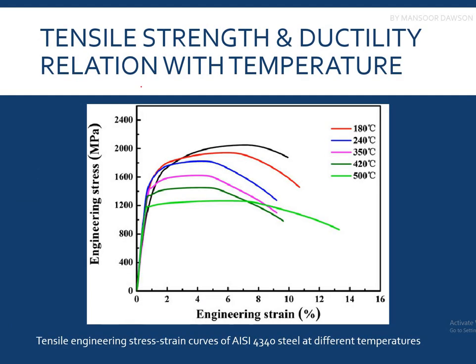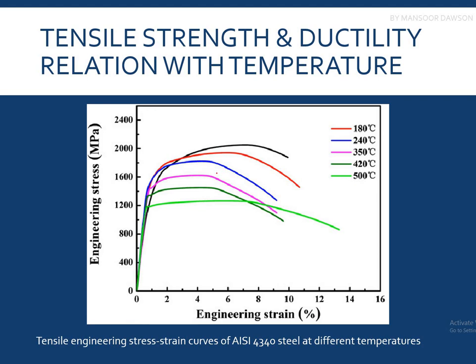So now, the tensile strength and ductility relationship versus temperature. This figure shows the tensile engineering stress-strain curves of AISI 4340 steel at different temperatures. We can see that while increasing the temperature, the ductility is increased, but there is a compromise of strength.